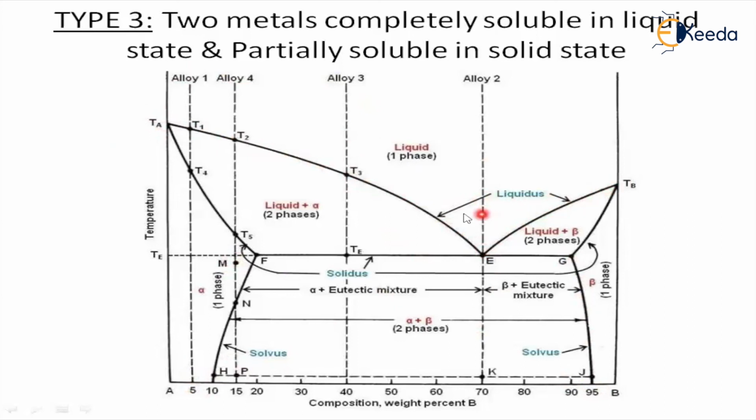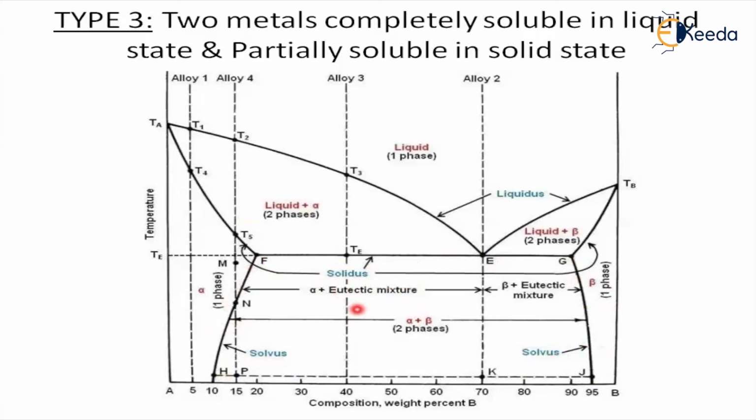This line is liquidus, and the horizontal line at the eutectic mixture is represented as the solidus line, and below this solidus line the mixture is represented as eutectic mixture. And these curved lines, assume as F, H and G, J, are represented as solvus lines. So this is all about type 3 phase diagram.